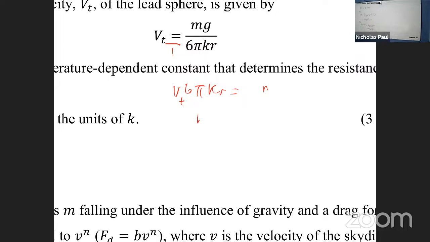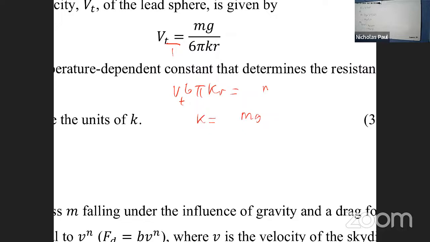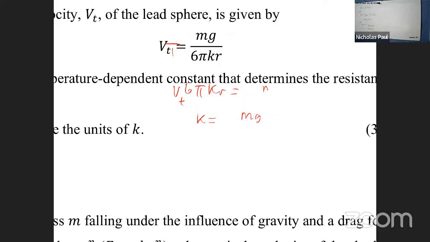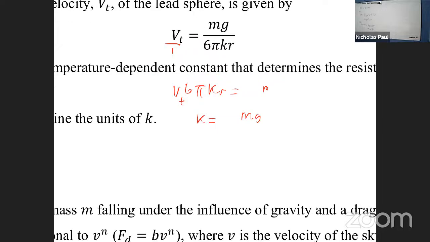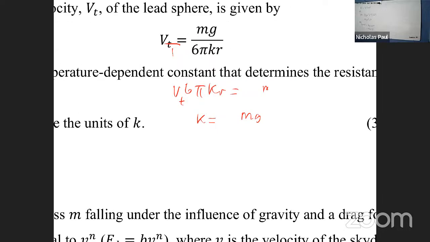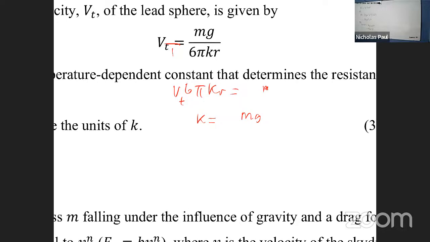So therefore, K is equal to mg. When you work it out, you're supposed to have mg all over 6 pi VR.